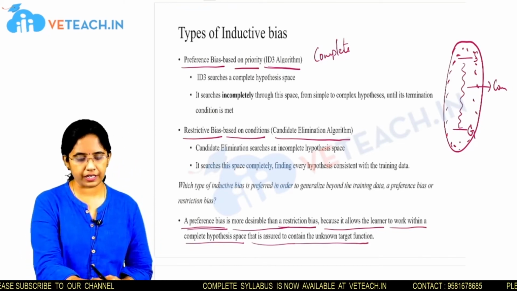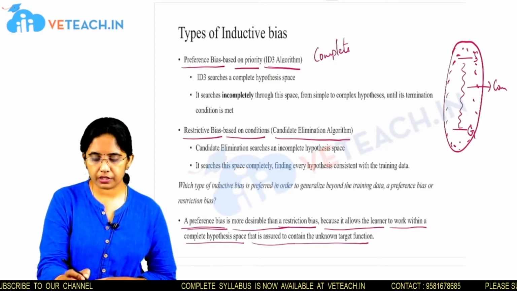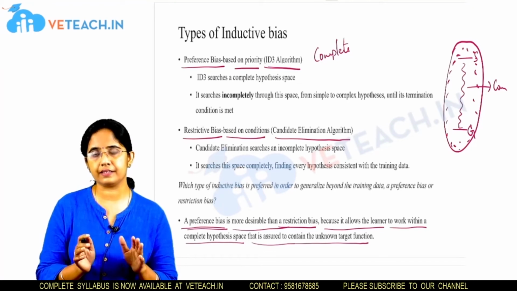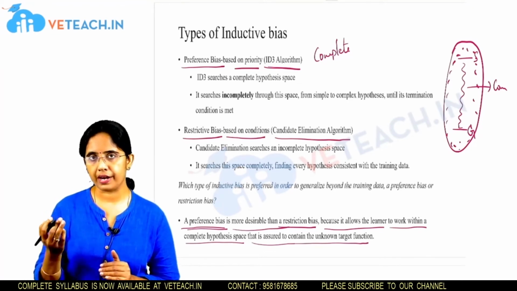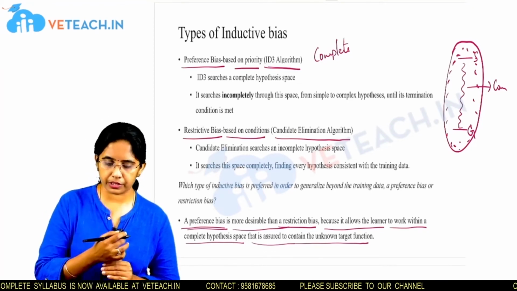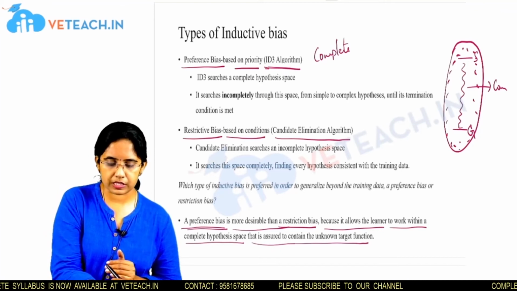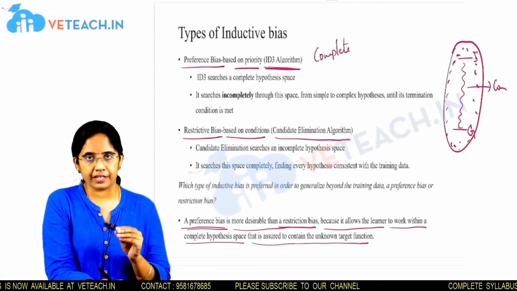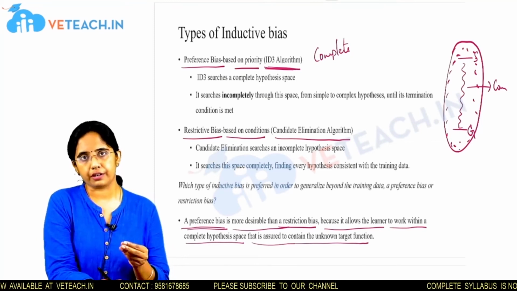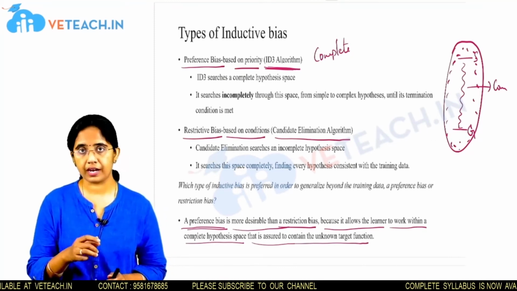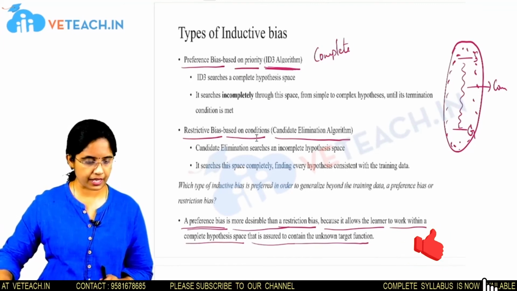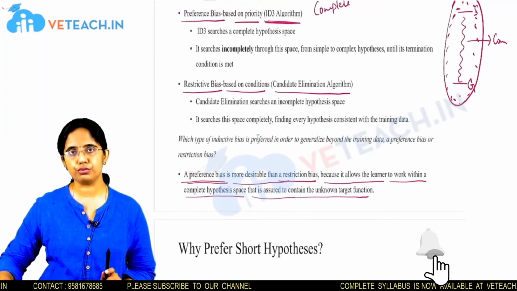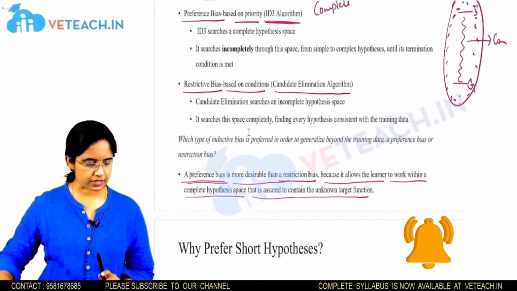That is what we have studied in candidate elimination. So in the candidate elimination algorithm, we will not completely consider all the hypotheses for finding out the best hypothesis, but when you consider a preference bias, or the ID3 algorithm, we will be considering all the training examples in order to generate a best model. So that model will fit the entire data set that we consider. So for ID3, it is always best to use preference bias rather than restrictive bias.